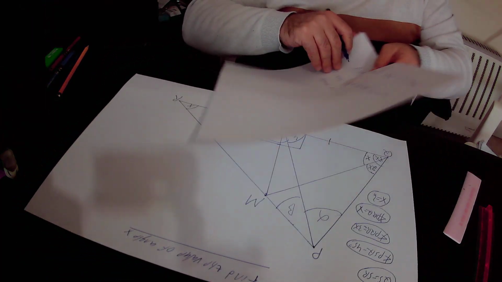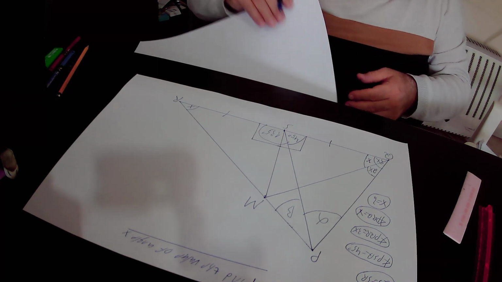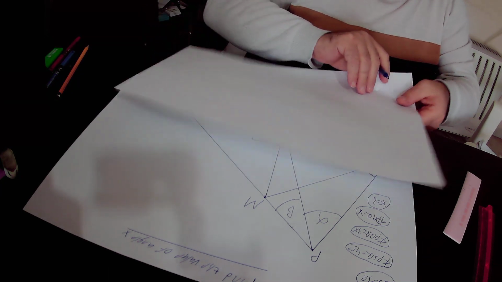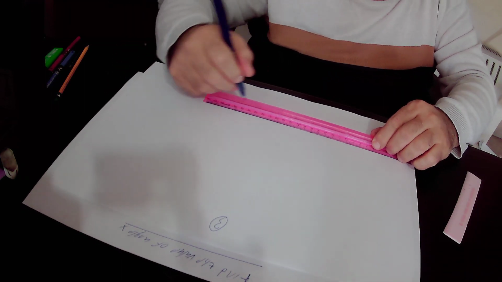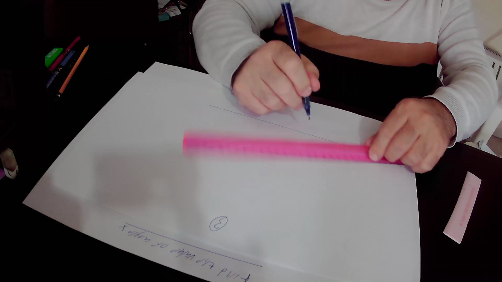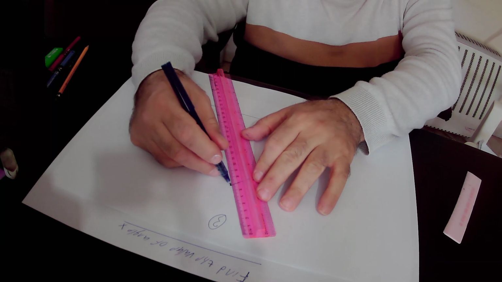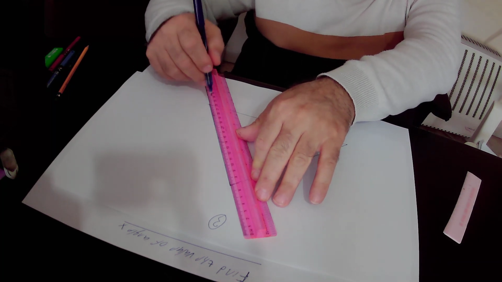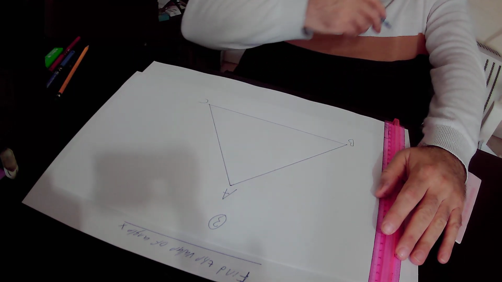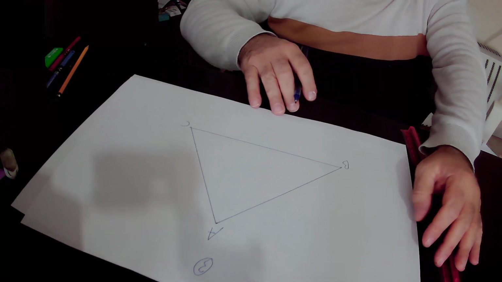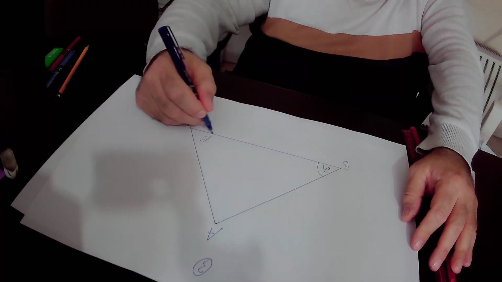The meaning is that if we have triangle ABC, and the interior angles of triangle ABC are, this angle is alpha, this angle equals beta, and this angle equals gamma.